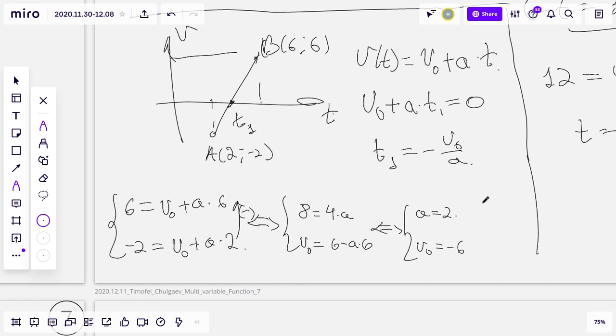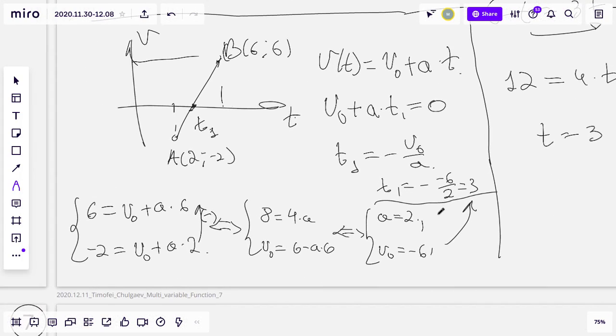Now we have two components of this expression, so t1 equals minus (minus 6) divided by 2. It's exactly 3. Yes, and we have a similar answer.